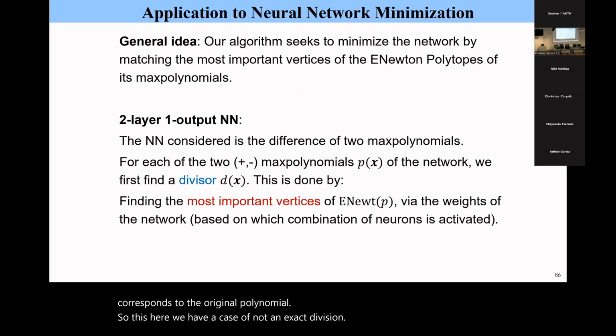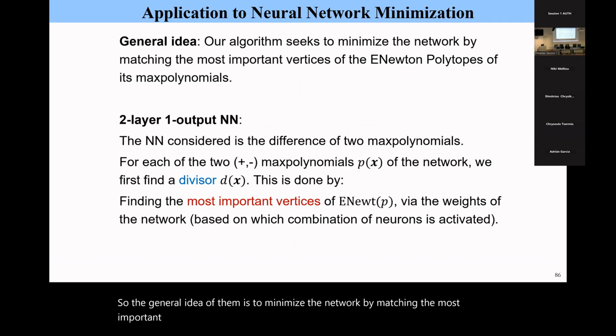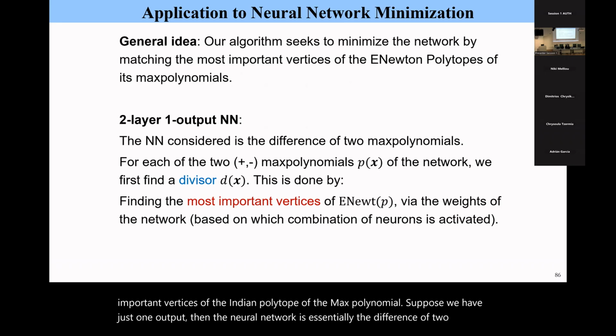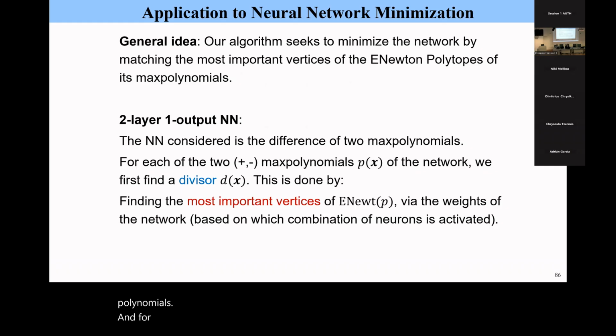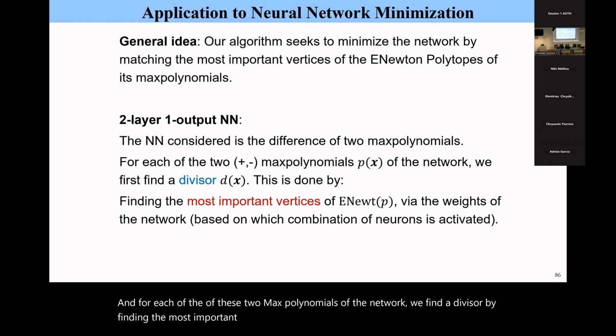So the general idea then is to minimize the network by matching the most important vertices of the Newton polytope of the max polynomials. Suppose we have just one output, then the neural network is essentially the difference of two max polynomials. For each of these two max polynomials of the network, we find a divisor by finding the most important vertices of the extended Newton polytope.